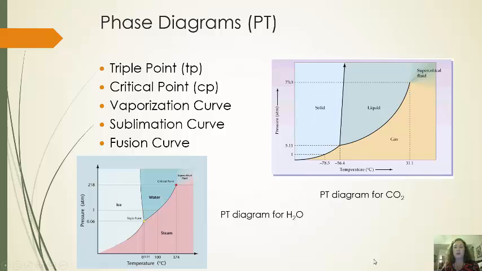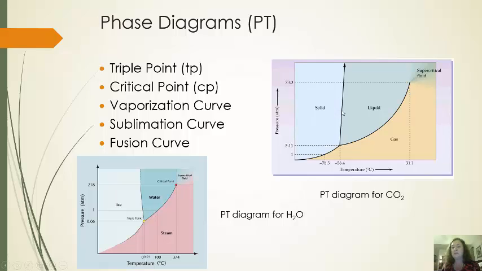So first of all, the triple point. If you look at this curve, you'll see that we've got solids off to the left, we've got liquids kind of top more to the right, and gases are the bottom portion of this graph. And each of these regions are separated by curves. This curve is where solids and liquids are in equilibrium.